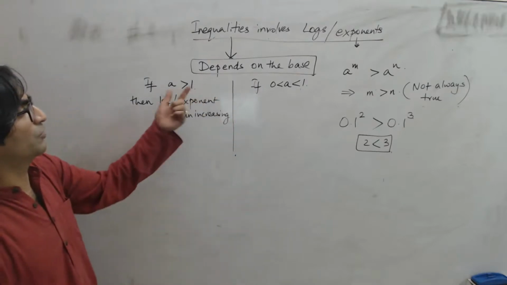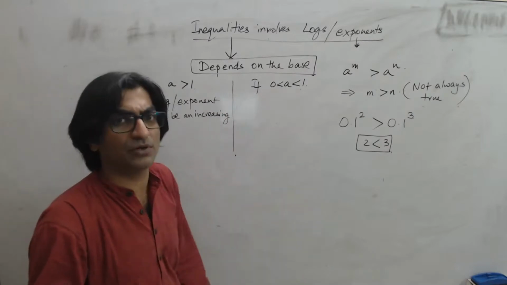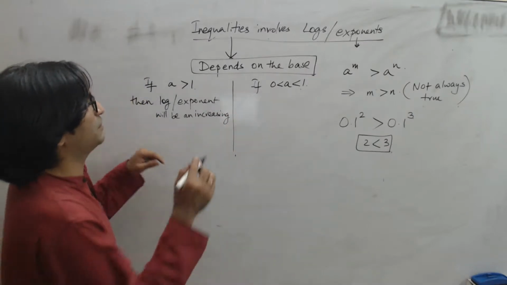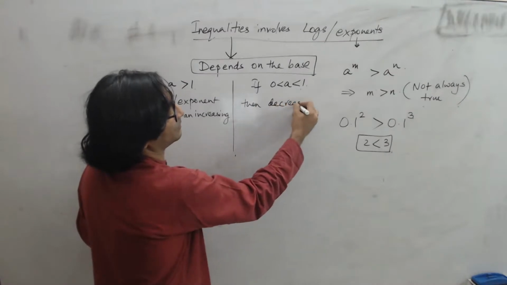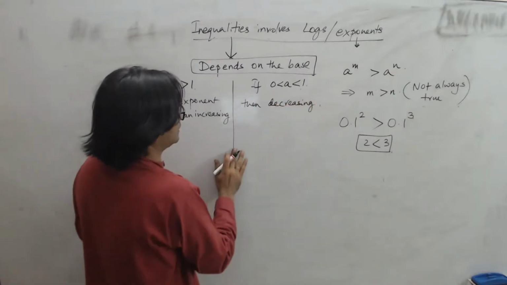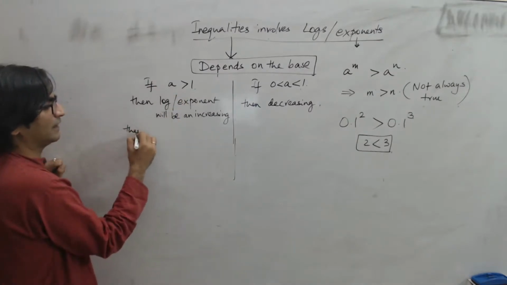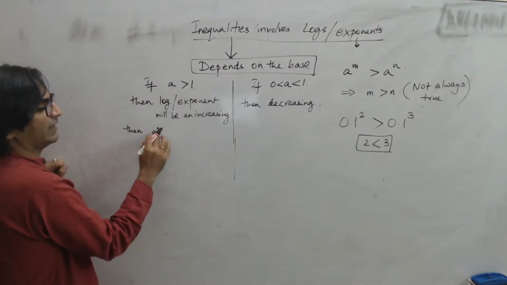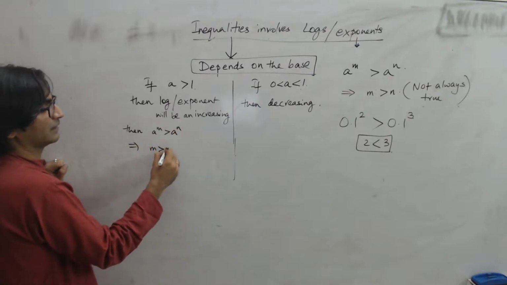So base is greater than 1, and in the positive range, all I'm left with is base lying between 0 and 1. If base lies between 0 and 1, then it is a decreasing function. What does this mean? In perspective, if base is greater than 1, and I have a power m greater than a power n, then m must be greater than n.